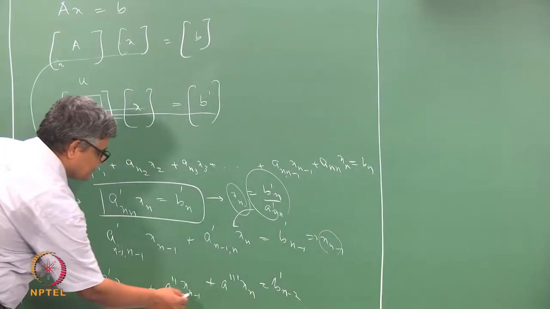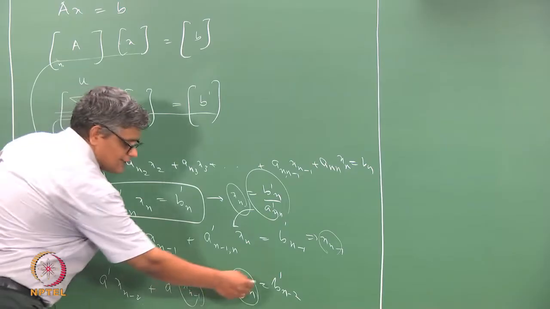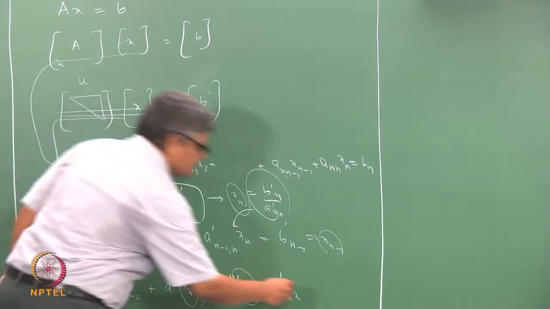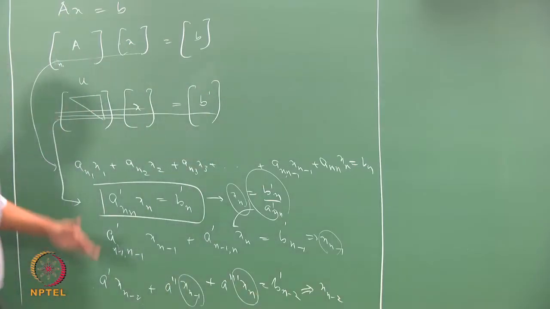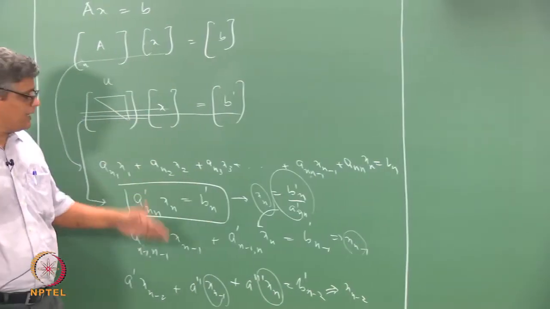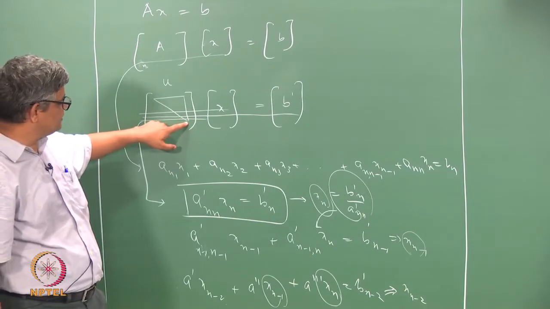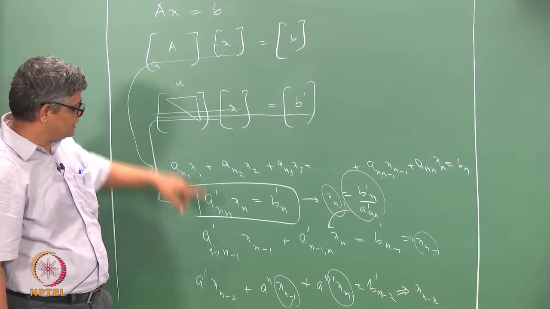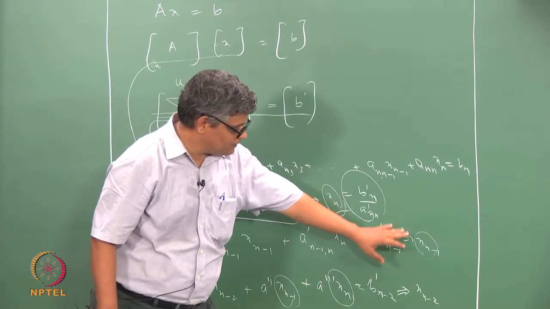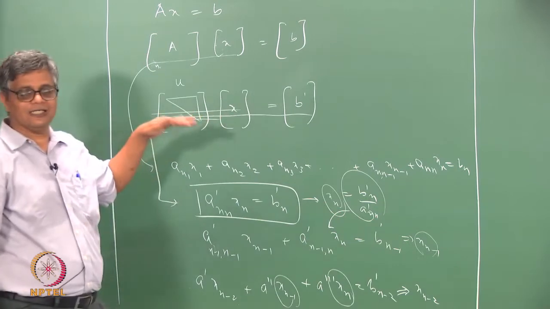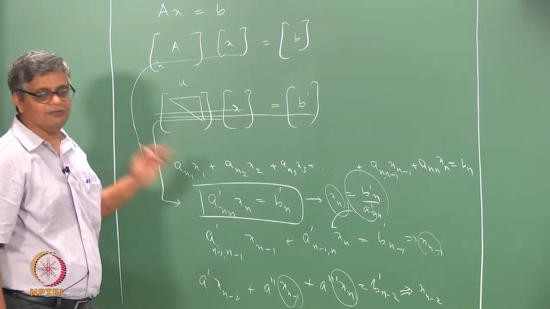So we can substitute these and we have a simple equation for xn minus 2. So by successive back substitution starting from the last equation all the way up, we can evaluate xn, xn minus 1, xn minus 2 all the way to x1 through substitution alone, which is very fast.